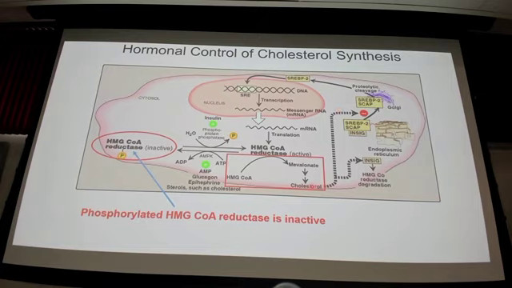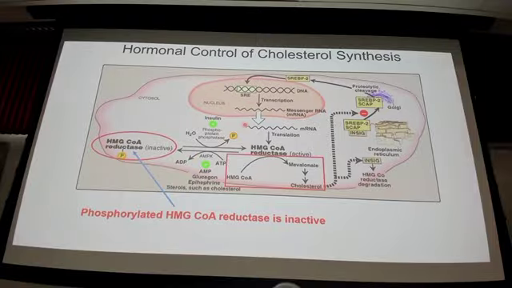If cholesterol levels are high, this SREBP2 will cleave and go into the nucleus and block the transcription and translation. So either way, it's going to interact with the nucleus to either increase or decrease the transcription and translation. Does that make sense? Yeah, so high levels of SREBP2 in the nucleus will reduce transcription of HMG-CoA reductase.